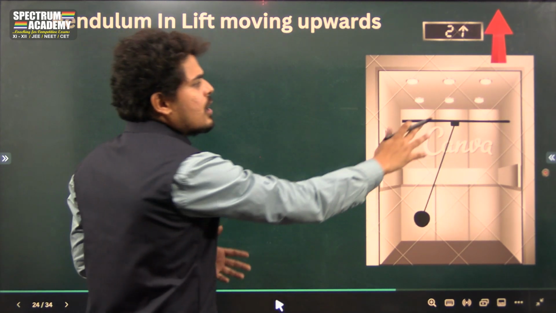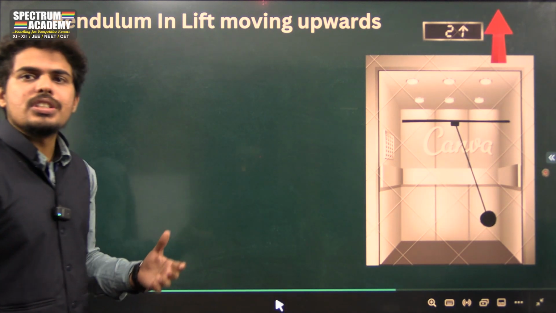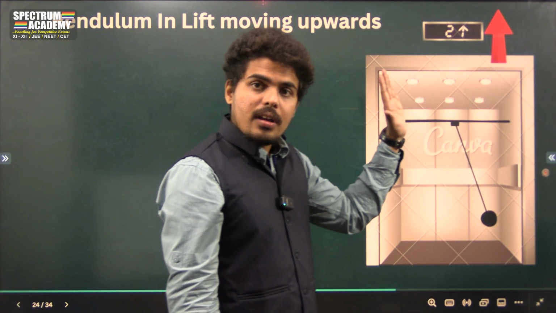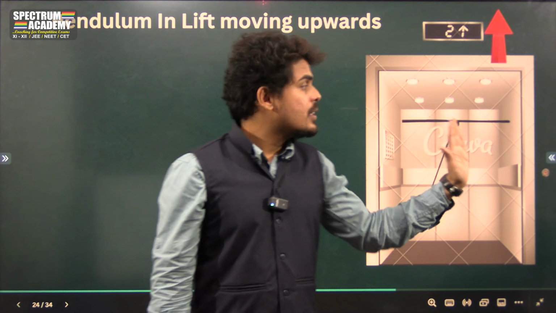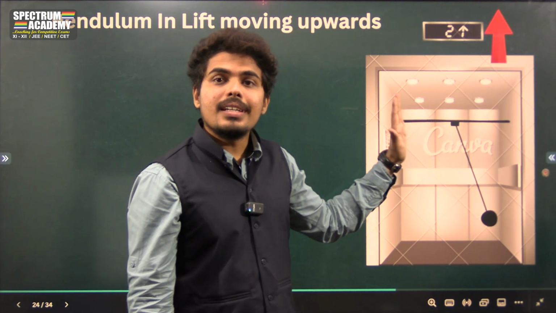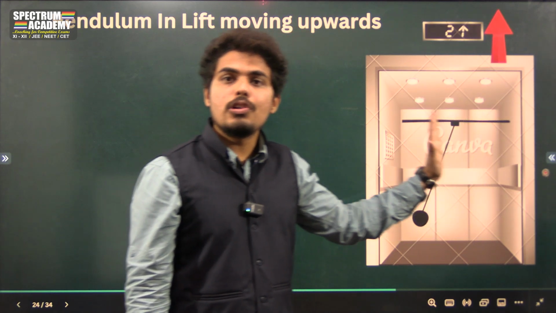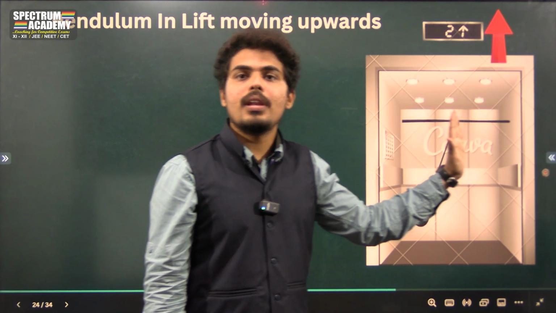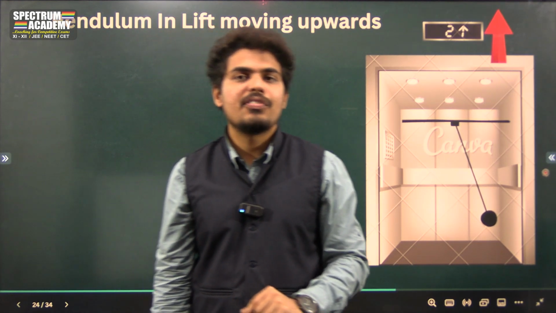And we have a simple pendulum which is in the lift. Now the lift is going upward and at the same time the simple pendulum is performing the angular simple harmonic motion in the lift.